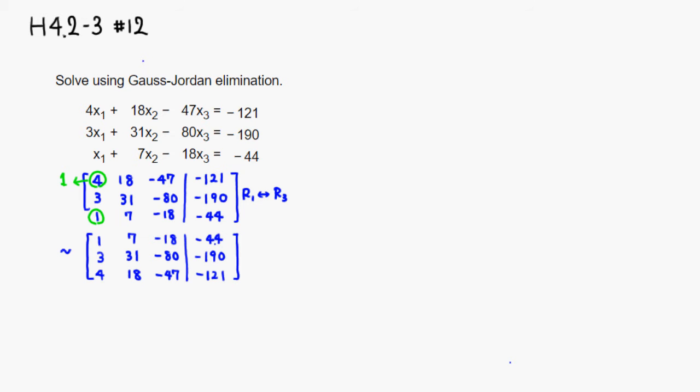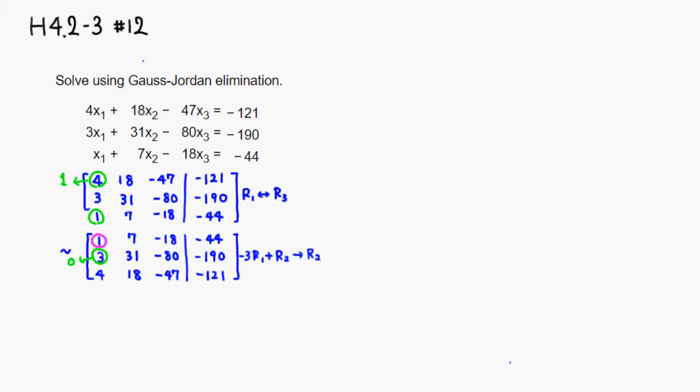So we got that. Now we already have 1 here, so that's good. But we want to turn this into 0. We can do that by taking row 1, since we want to get rid of 3, multiplying by negative 3 and adding it to row 2, which is going to be our new row 2.